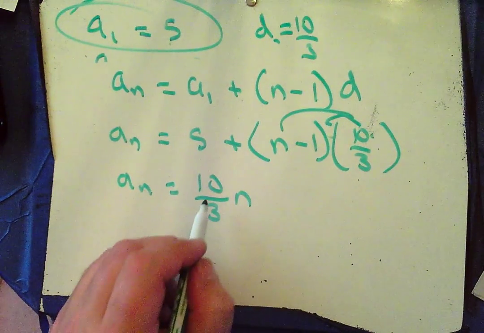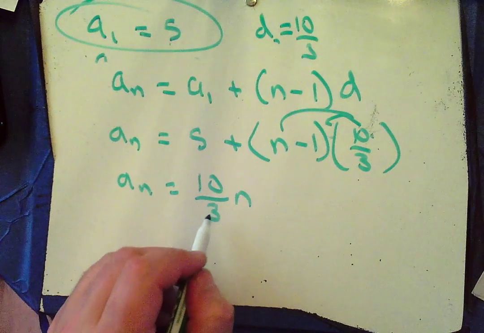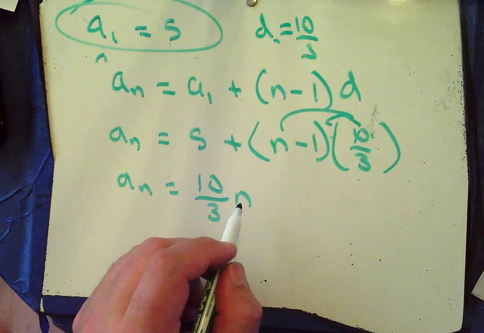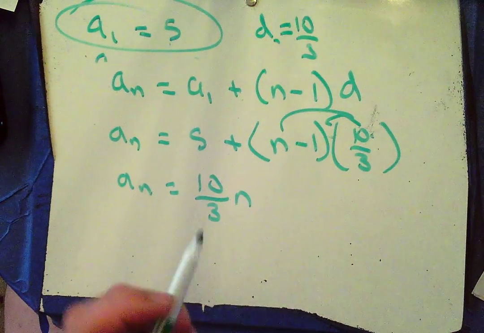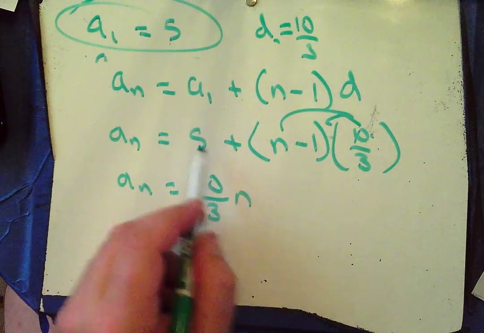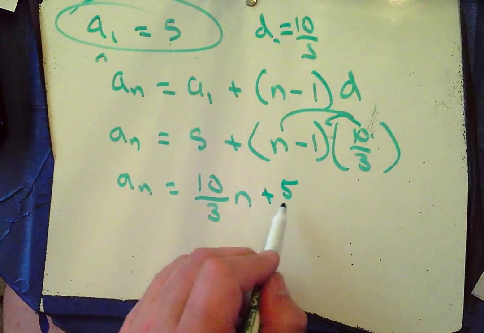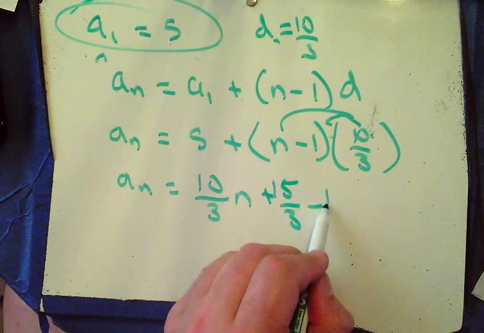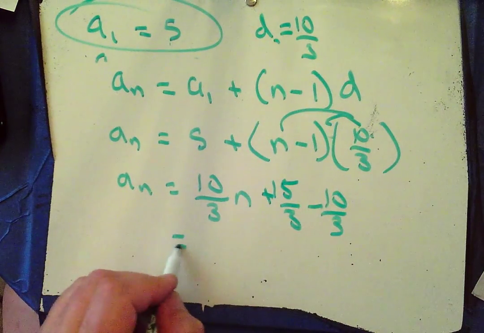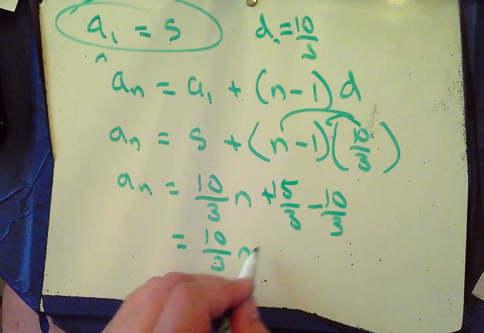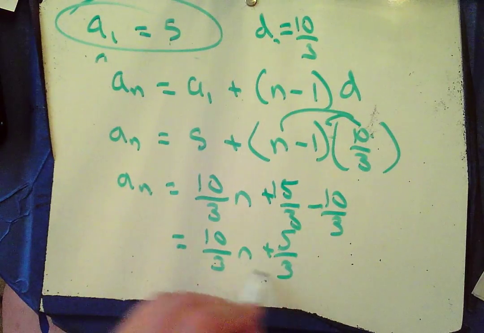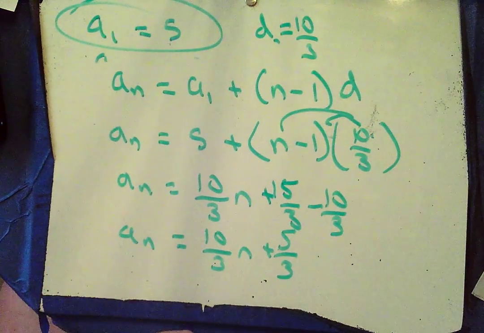That means it goes up by 2 and 2/3 each time? No, 3 and 1/3 each time, as I go from one term to the next. Minus 10 thirds plus 5. Well, 5 is 15 thirds minus 10 thirds. So I can tidy this up to be 10 thirds n plus 5 thirds is a sub n.